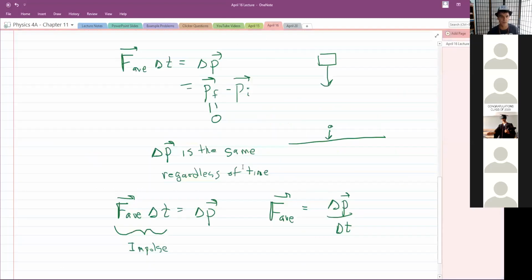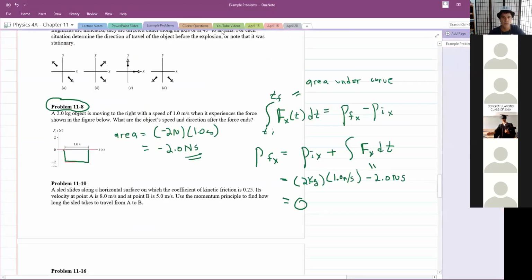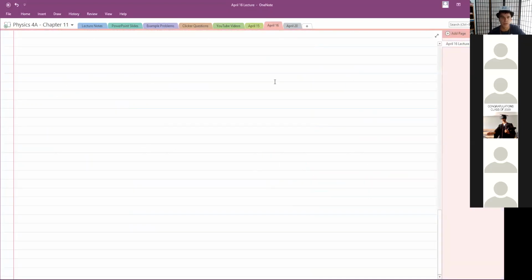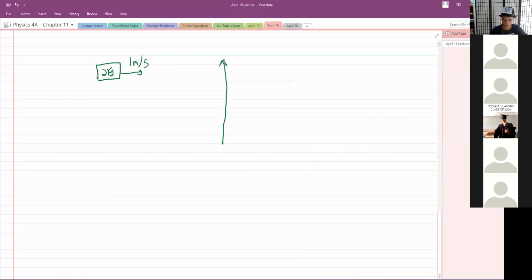Let's go to a new page and do the same thing again. Going back to the example problem, it was a 2-kilogram mass moving at 1 meter per second to the right. Same exact problem, I'm just going to change it a bit. Let's say it experiences a force, but rather than -2, let's change it to -4 newtons.